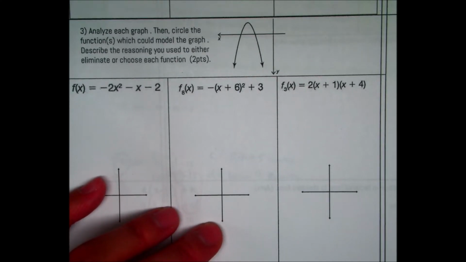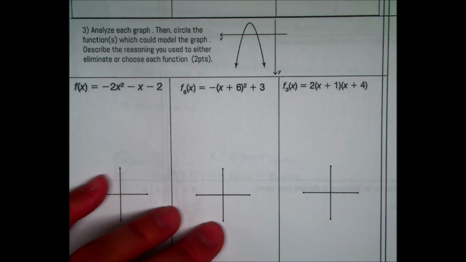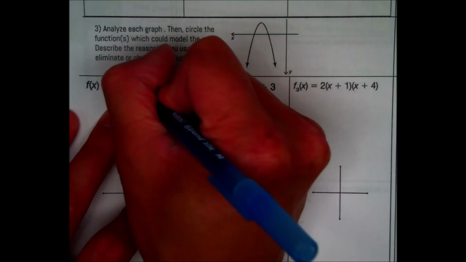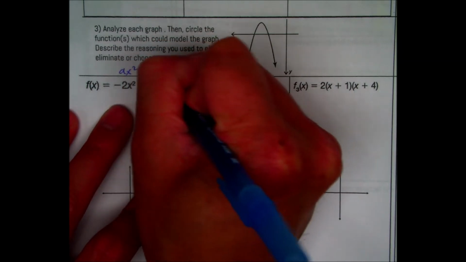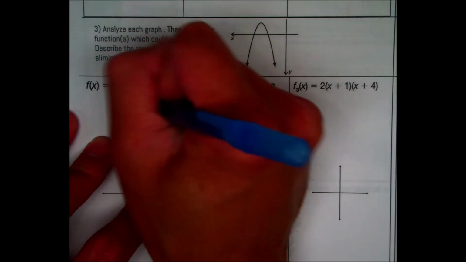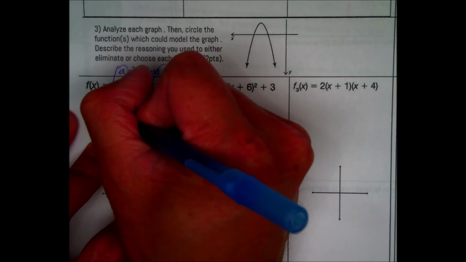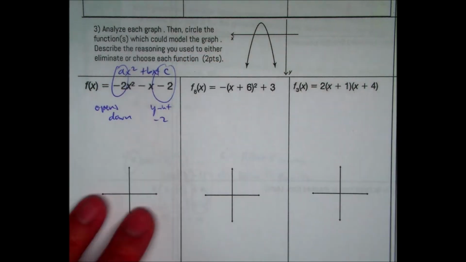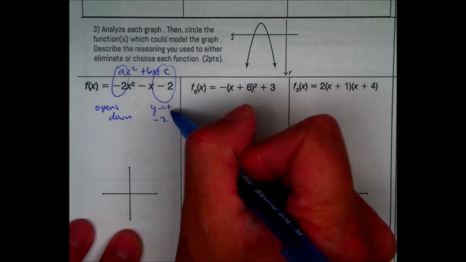Analyze each graph, then circle the functions which can model the graph. Describe the reasoning you use to either eliminate or choose each function. So what I'm going to do is figure out the form. Here I have no parentheses, so this is standard form. It means I have a y-intercept of negative 2, and my graph opens down.